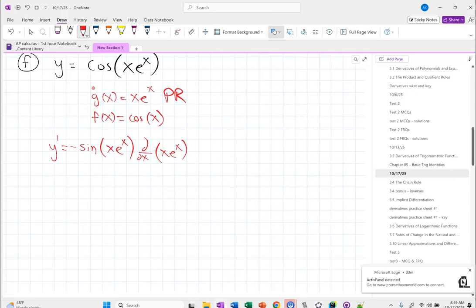Everybody's okay with that? Okay. So copy the first part. And now to do the derivative of x e to the x, I need a product rule.